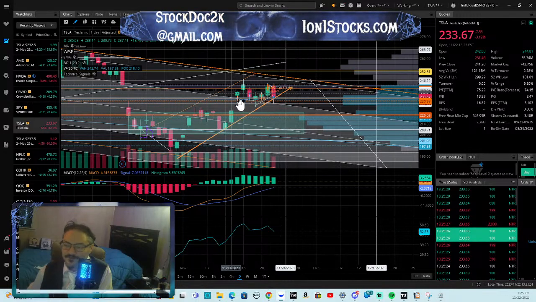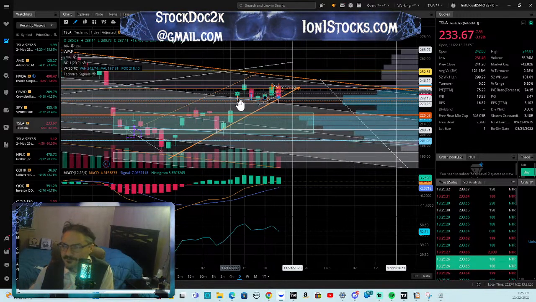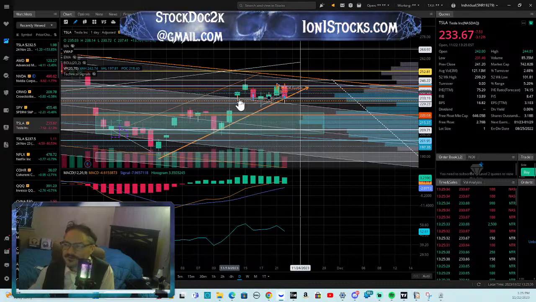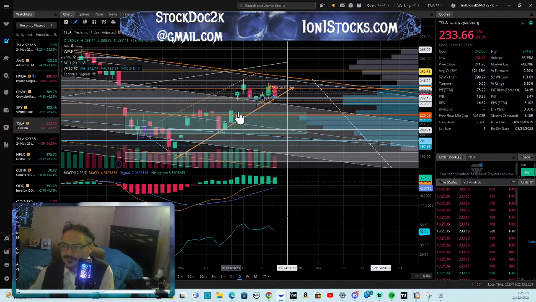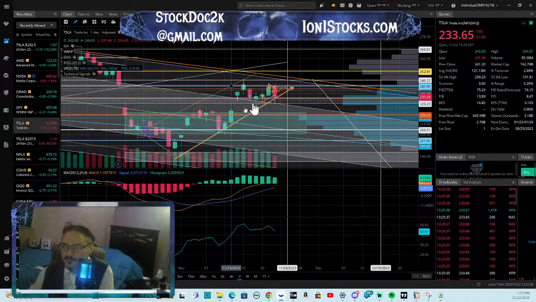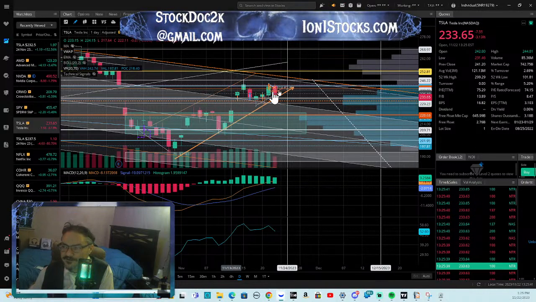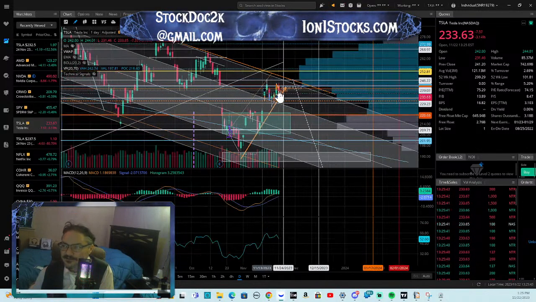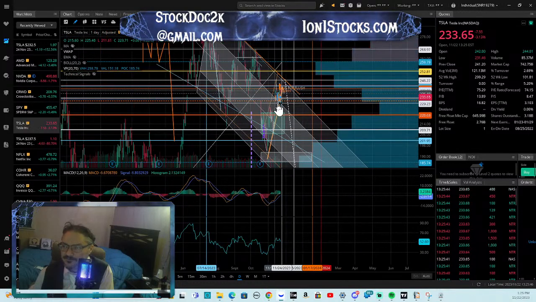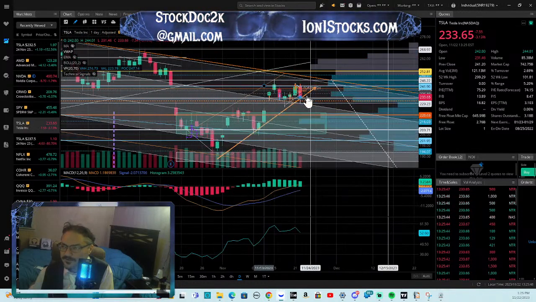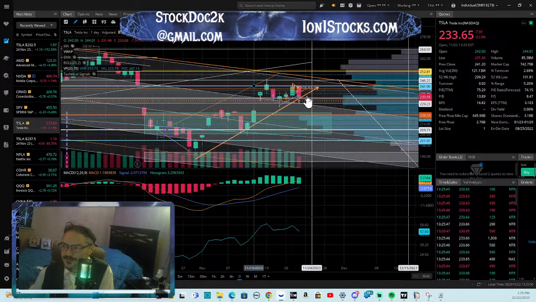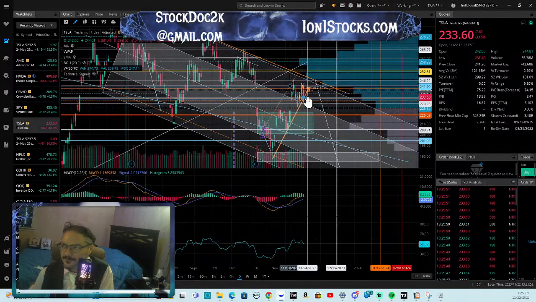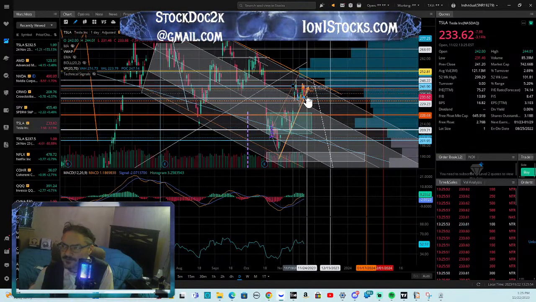For some reason, I just didn't play the calls. I was just looking for puts, whatever the case is. But this is what we're looking at: a trend to the upside inside a downward trend. And it looks like we're all into that one little volume gap. Let me zoom back out real quick. We're up to 233.60. We need 15 more cents.